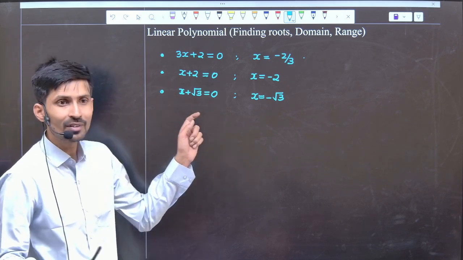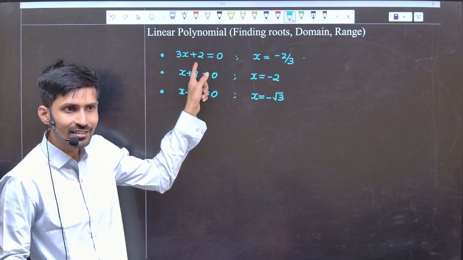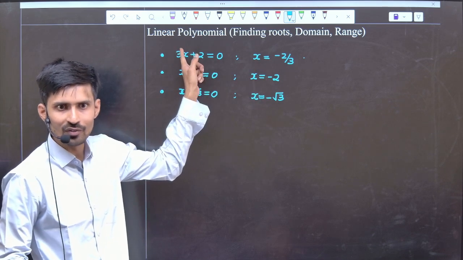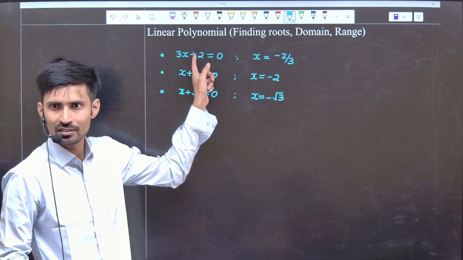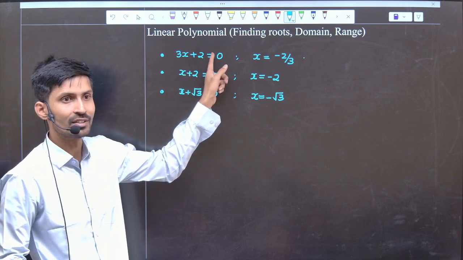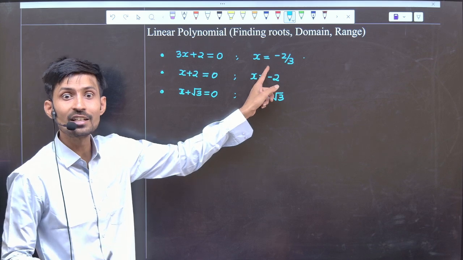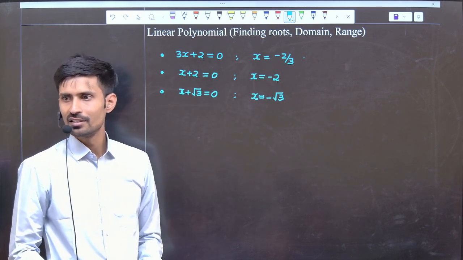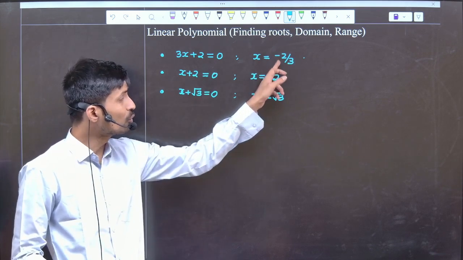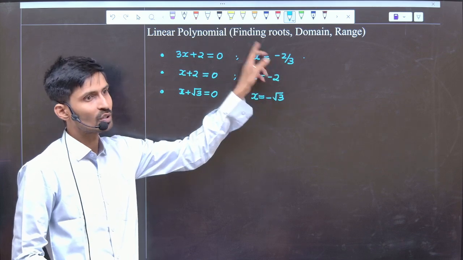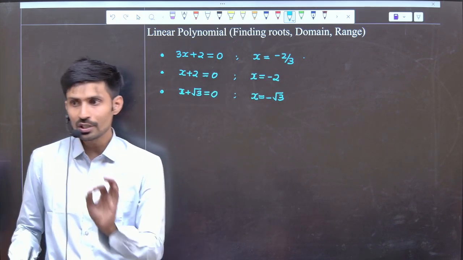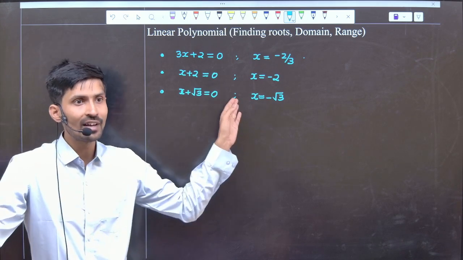Do you remember we write solve this? Solve this equation. So whatever answer you get for x, that will be known as the solution of that equation. So this is the root of this equation, and this is the solution of this equation. Both statements are correct. Solution also means finding the value of the variable.